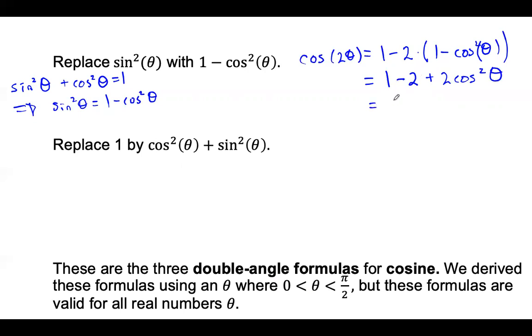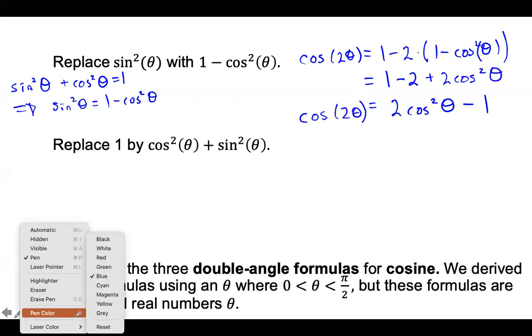Simplify. 1 minus 2, this is -1. I'm just going to bring the 2 cos squared in front over here, minus 1. This is our other formula. Let's put it in a box.